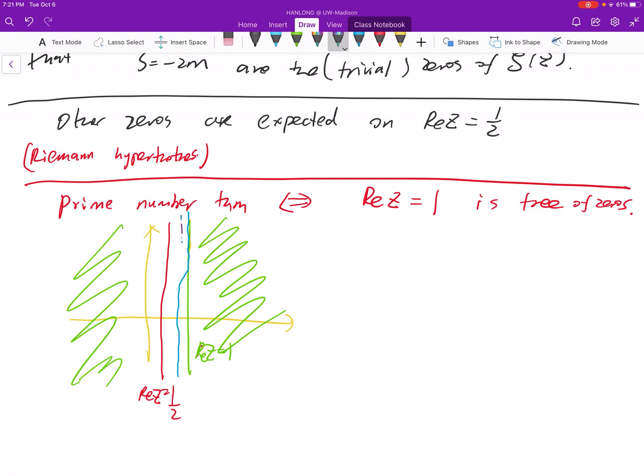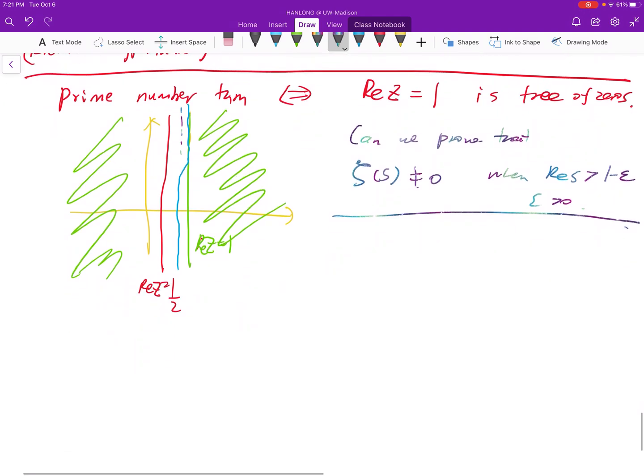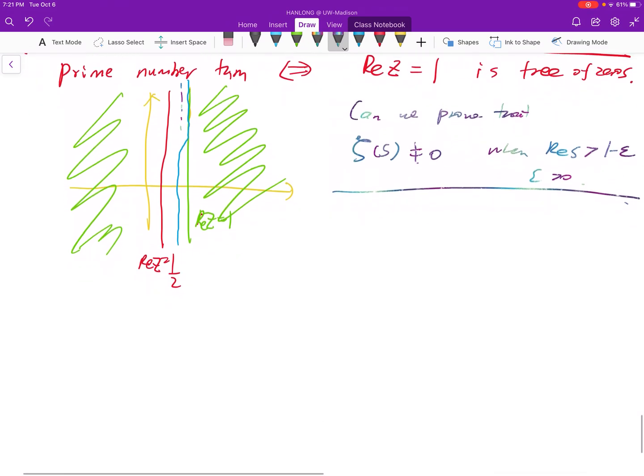Can we prove that zeta s is different from 0 when real part s is greater than 1 minus epsilon? Epsilon is some positive number. It's not clear even today, not to mention the Riemann hypothesis itself.